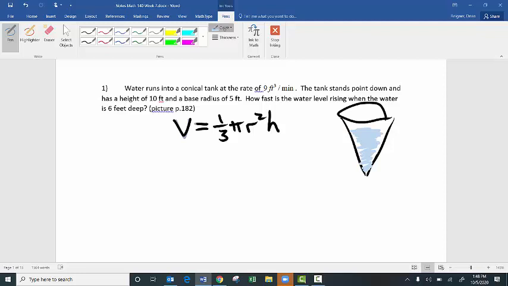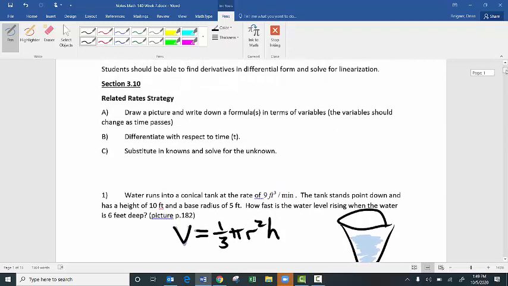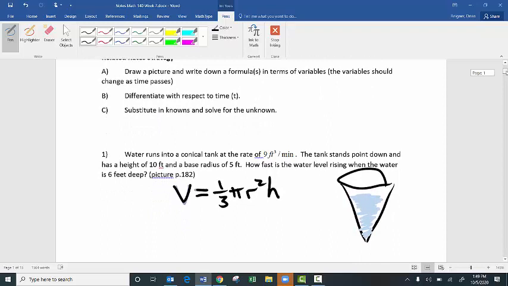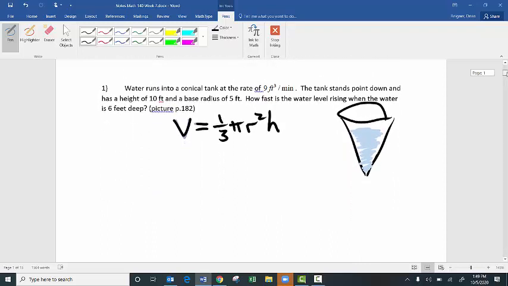So whenever it says something about like how fast, that's always a rate. So after you kind of draw a picture, after you get a little formula together, the second step you can see is we're going to differentiate this. We're going to take this derivative, but we've always been taking the derivative with respect to x, because the derivative of x is 1. Now we're going to be taking the derivative with respect to time.